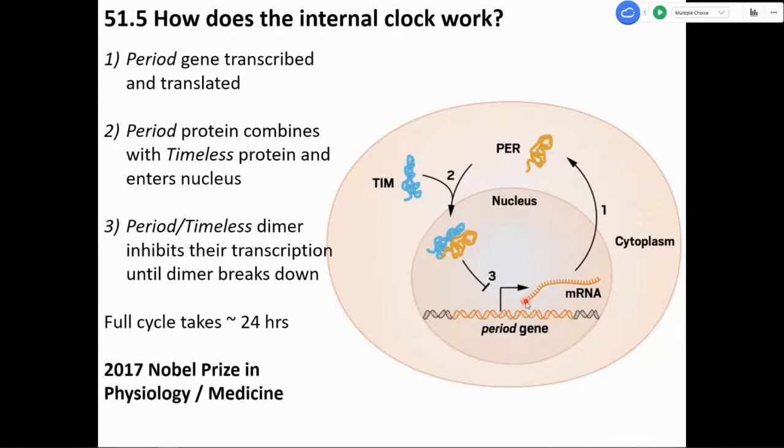Also, in terms of the proximate mechanisms of how these circadian rhythms are controlled, we talked earlier in the previous lecture about the period gene.